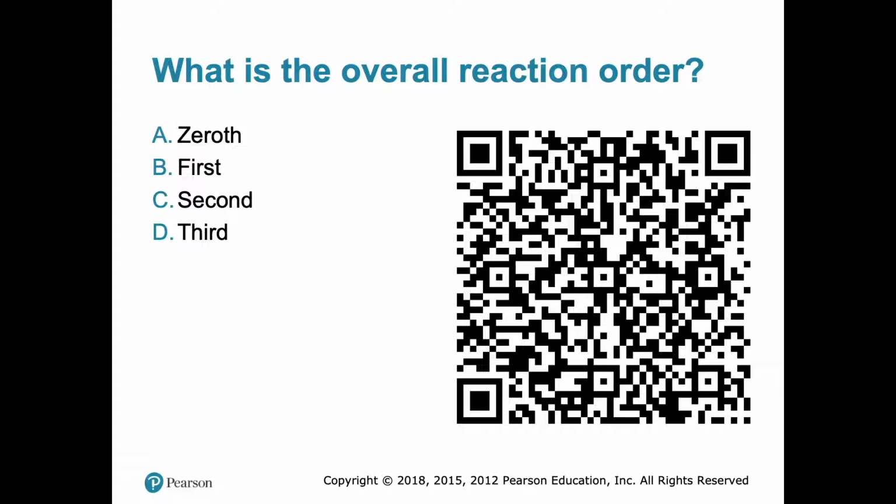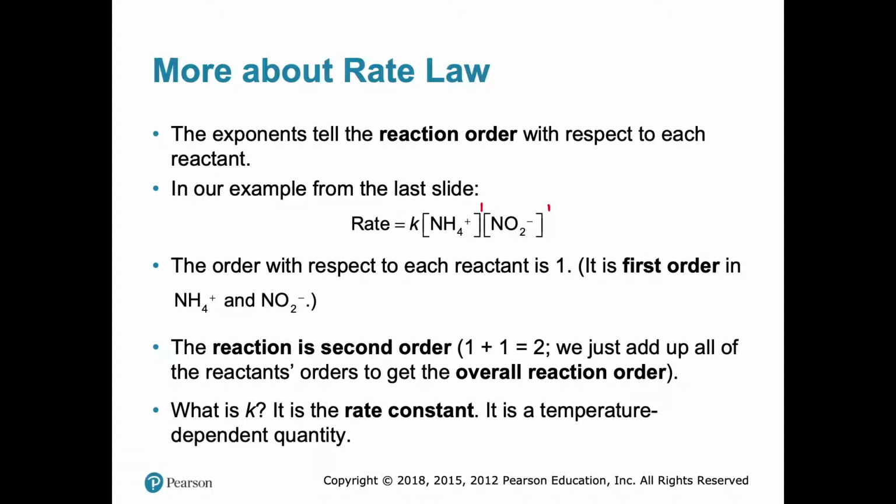This is one of those questions where I literally said what the answer was right before the question, and I'm glad to see that the vast majority of you got it correct. The overall reaction order for the reaction we just talked about is C, second order, right? The reason why is on the previous slide: we have a reaction order with respect to ammonia of one, so first order, and a nitrite reaction order of one as well, or first order.